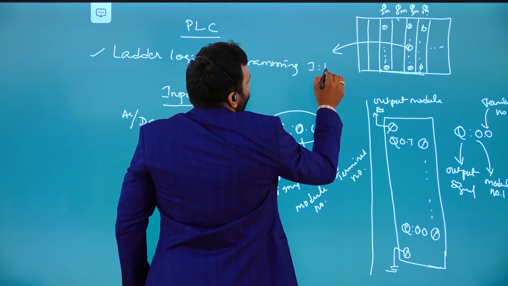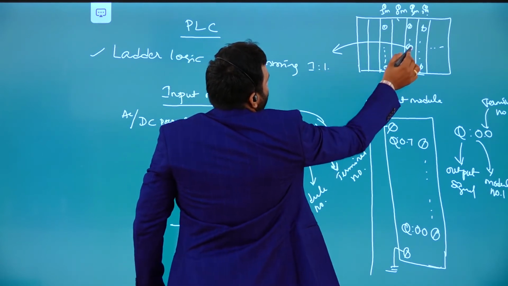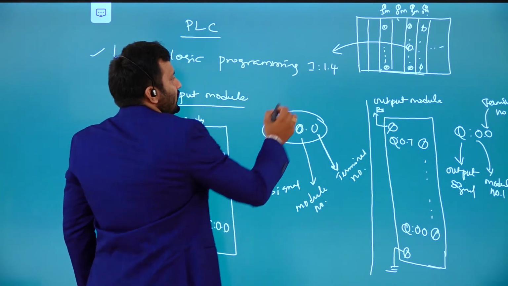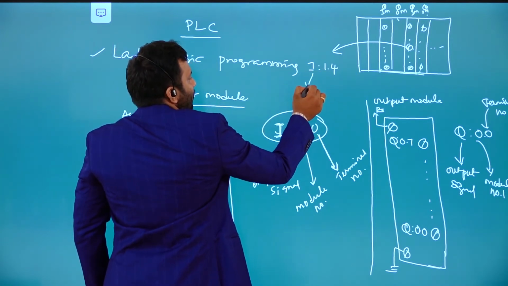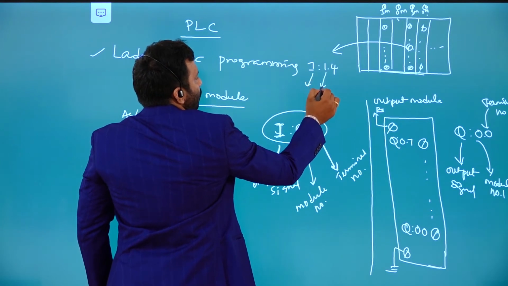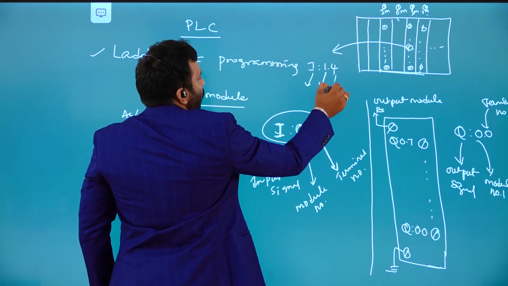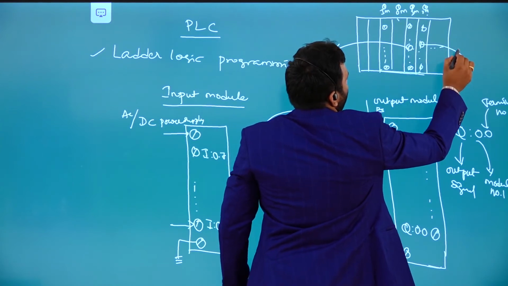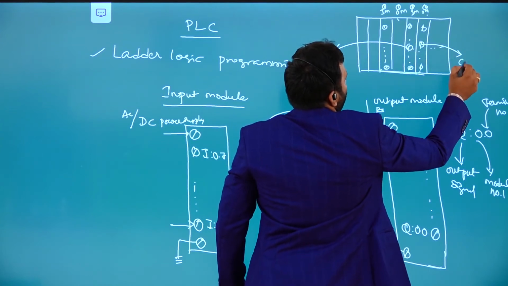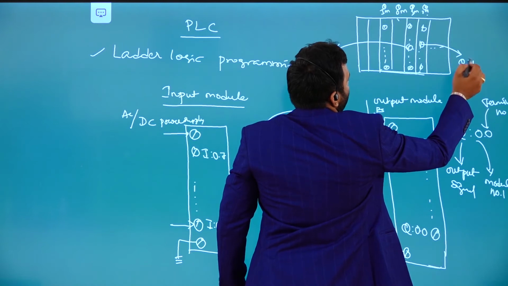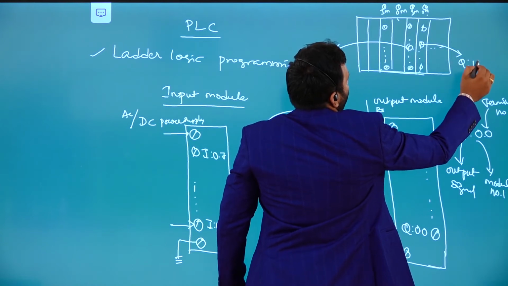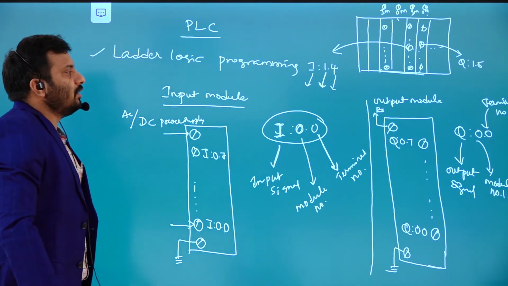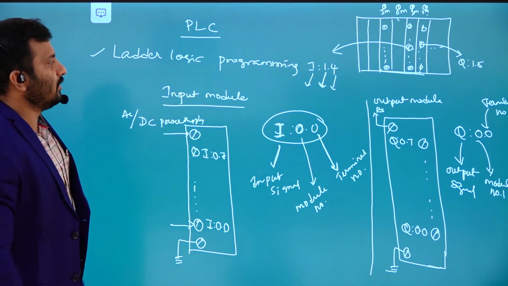Input 1 point, for example, this is the fourth terminal, I1.4, right? This is the input signal, second module, fourth terminal. In the similar way, if you want to address this particular one, this is the output module Q, second module, Q1.5. For example, this is the sixth terminal in the particular module.